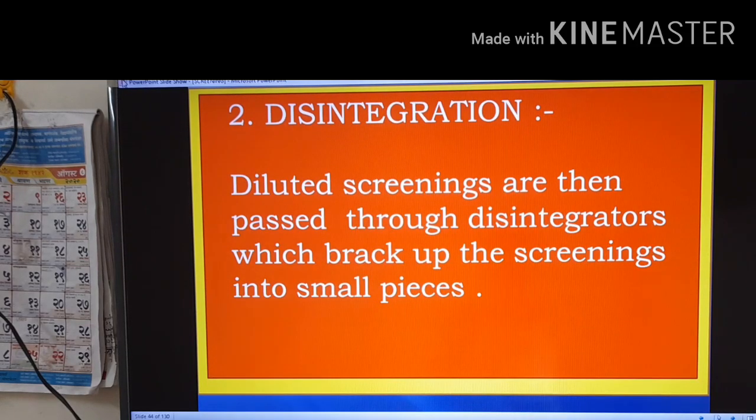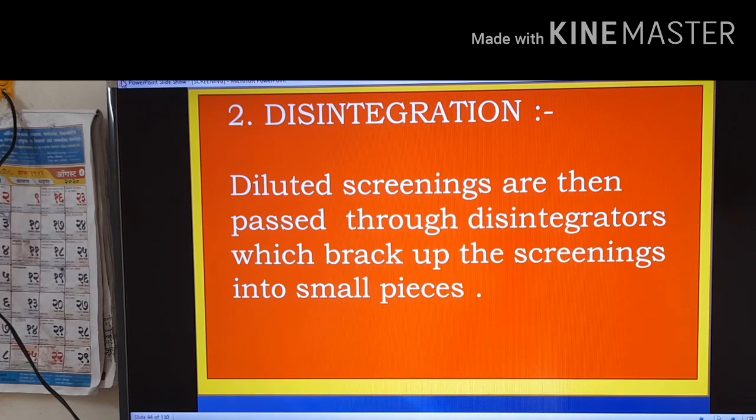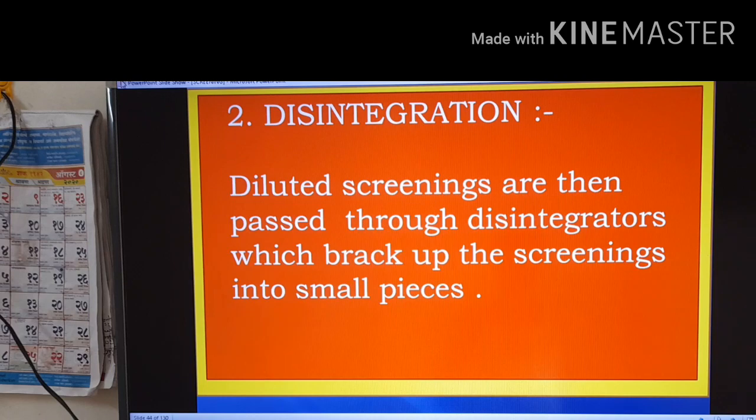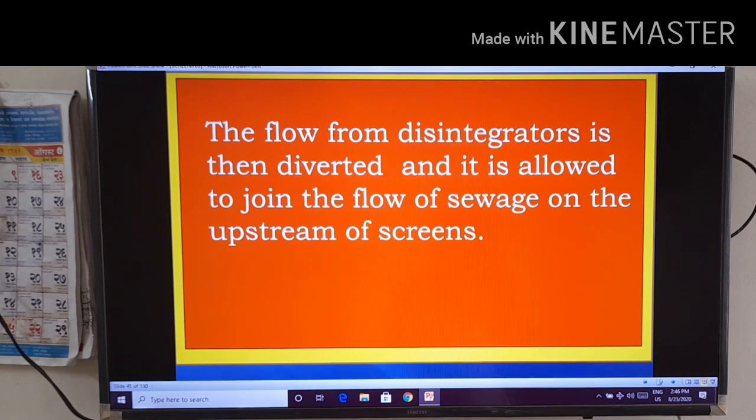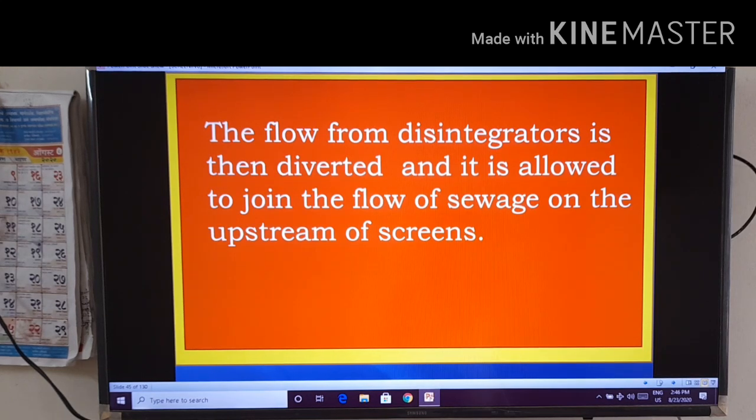Diluted screenings are then passed through disintegrators, which break up the screenings into small pieces. The flow from the disintegrators is then diverted and allowed to join the flow of sewage on the upstream of screens.